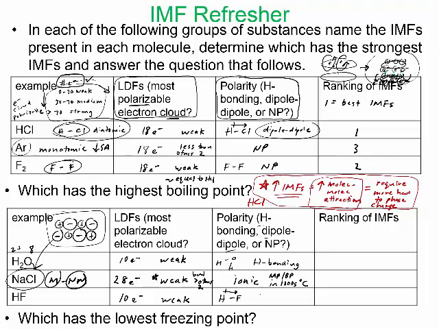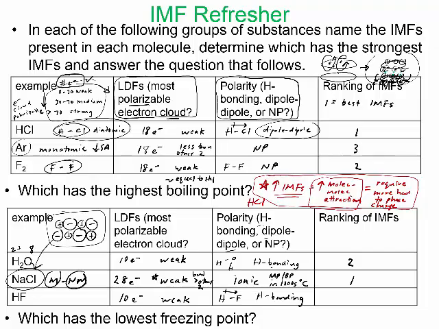HF actually does hydrogen bonding. This one doesn't come up too often, because all it can do is H to F. Usually we're used to seeing hydrogen bonding with O to H or N to H, but this one also does hydrogen bonding. So in the ranking of IMFs, this is by far number one. Number two, let's see here, it should be water.